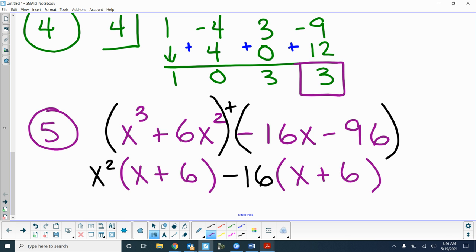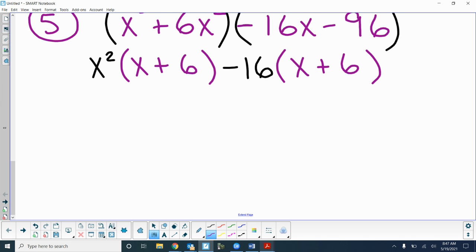So the purple ones are the same, right? Is that what we want to happen? Yes. Okay. That's what should happen. If it doesn't happen, check your work because it's supposed to happen. It's going to work on the exam.